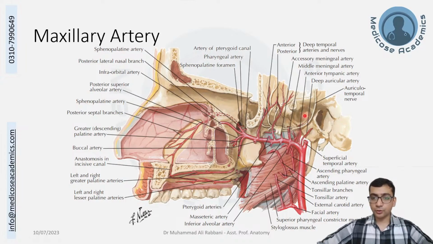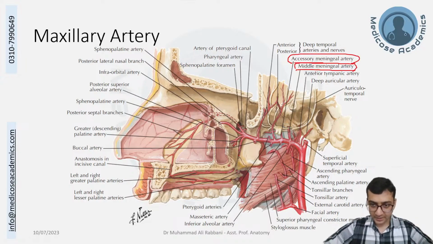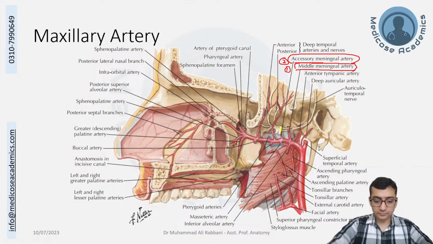There are two branches whose names you know very well. You have read about the skull, you know about the foramina of the skull and the structures passing through them. These are the true branches that supply the meninges. There is the middle meningeal artery right here, and there is the accessory meningeal artery right here.